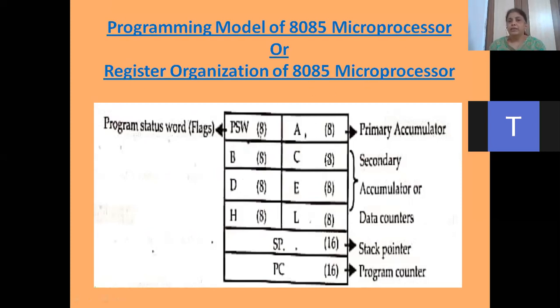And the accumulator is basically used to hold 8-bit data, and its important function is that during arithmetic and logical operations, one of the data should be in the accumulator, and after processing of the instruction, the final result is again transferred to the accumulator. Understood? I hope these 7 registers are clear to you.